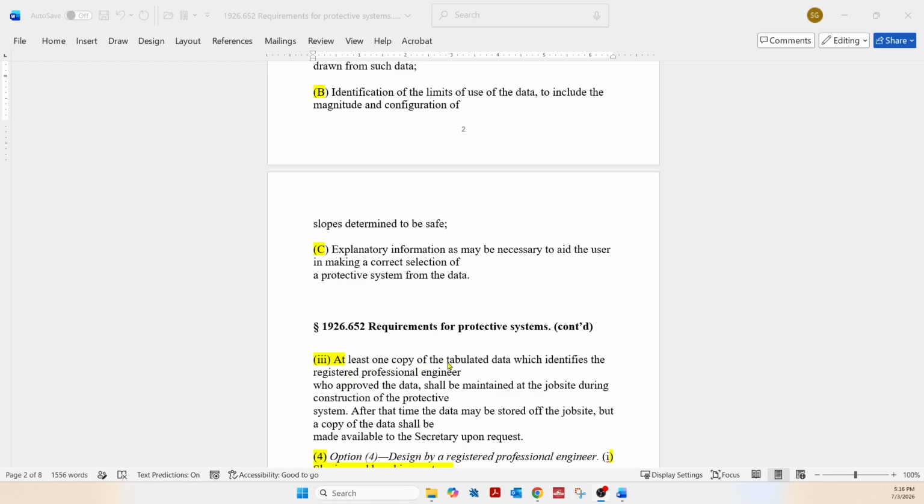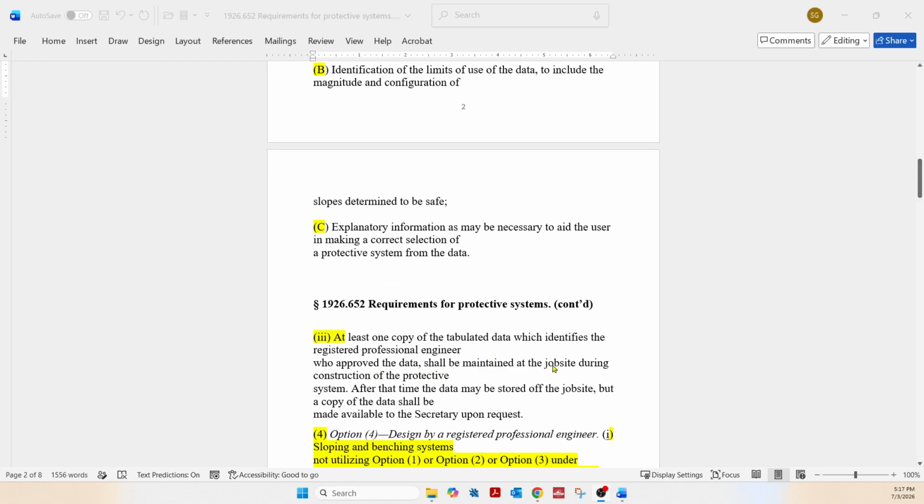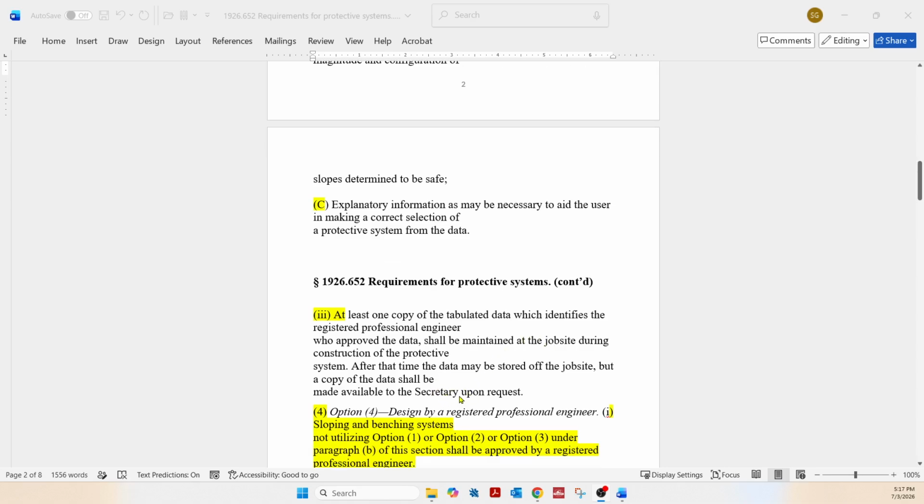At least one copy of the tabulated data which identifies the registered professional engineer who approved the data shall be maintained at the job site during construction of the protective system. After that time, the data may be stored off the job site, but a copy of the data shall be made available to the Secretary. And I've always thought that was the Secretary of Labor, but I'm not sure which Secretary.